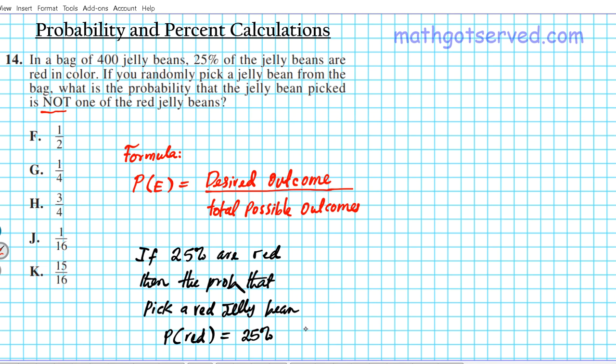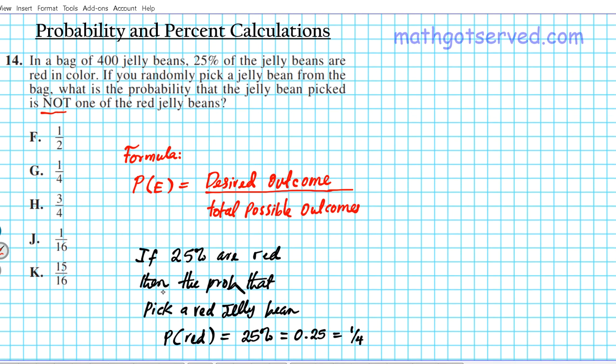Okay, so 25% can be written as a decimal, 0.25, or as a fraction, 1 over 4. So in decimal form the probability is 0.25 and as a fraction it is 1/4. Now using these two values, I can easily calculate the probability that the outcome will not be red.